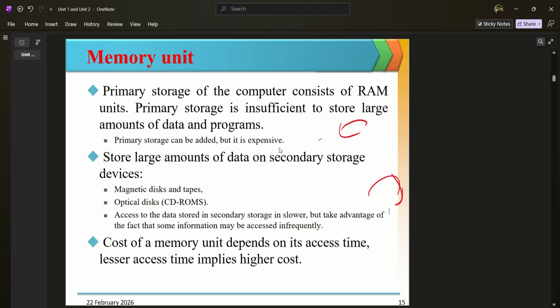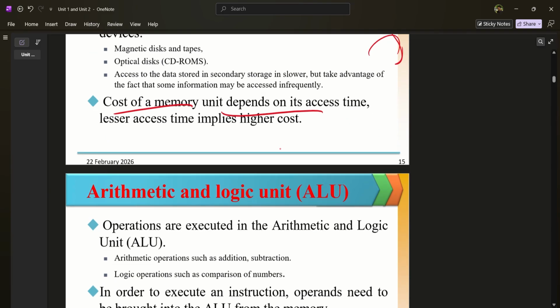The cost of a memory unit depends on its access time, and it is inversely related. To get a faster access time, you need the memory to be closer to the processor, which in turn increases the cost of the entire thing.